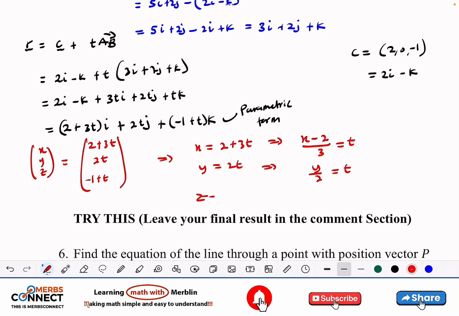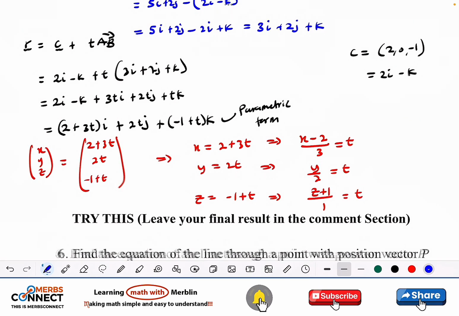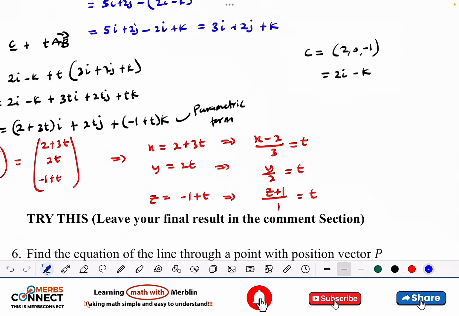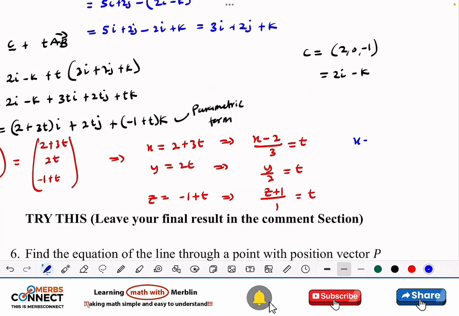And we have z, which is equal to minus 1 plus t. And this implies that z plus 1 divided by 1 is equal to t. And then finally, we have everything equal to that. So we are going to have x minus 2 divided by 3, which is equal to y divided by 2, which is equal to z plus 1 divided by 1.